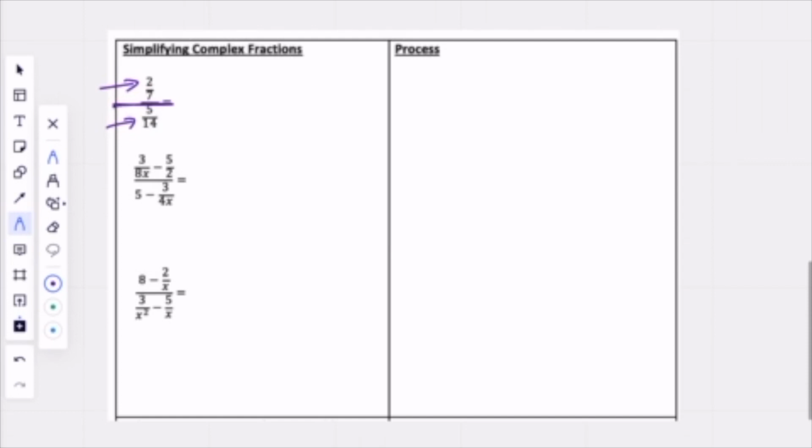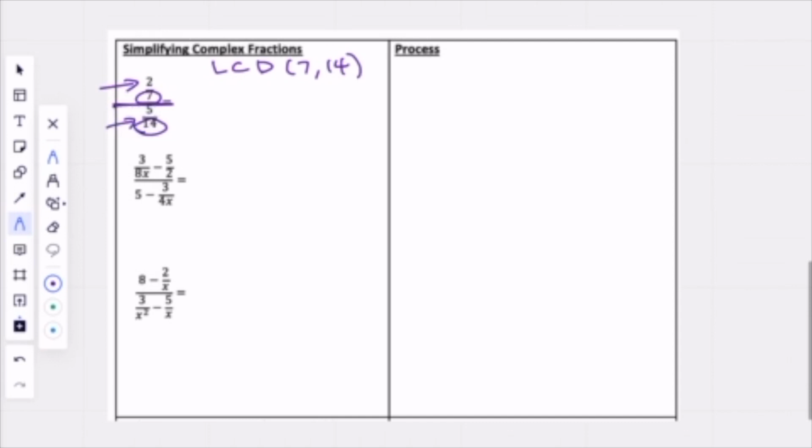So we're going to look at the fractions in the numerator and the denominator, and we're going to focus our attention on the denominators of those fractions. And we are going to think about what is the least common denominator of 7 and 14. Okay?